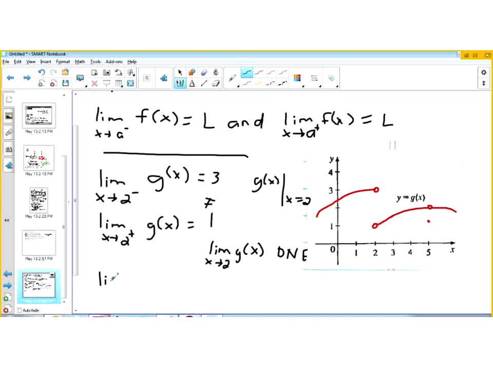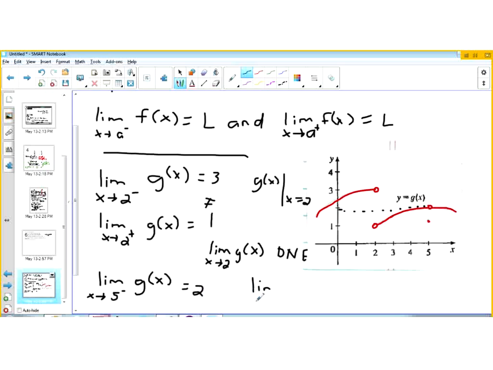The question I'm asking now is, what is the limit as x approaches 5 from the left of g of x? We'll read it from the graph. As we approach 5 from numbers less than 5, the output appears to be going to 2. So let's just say it's 2, just reading from the graph.